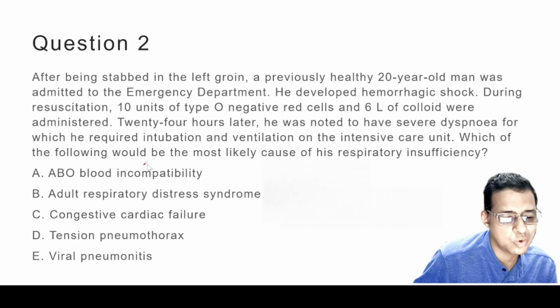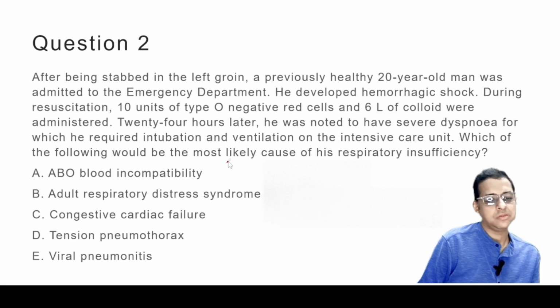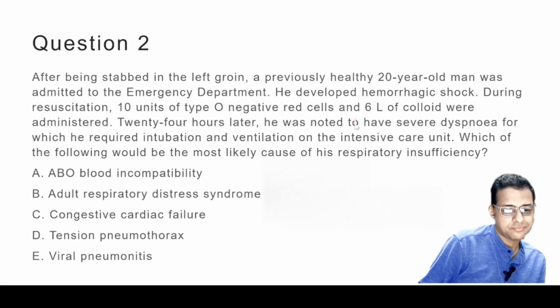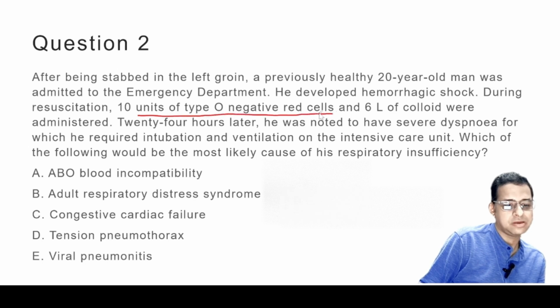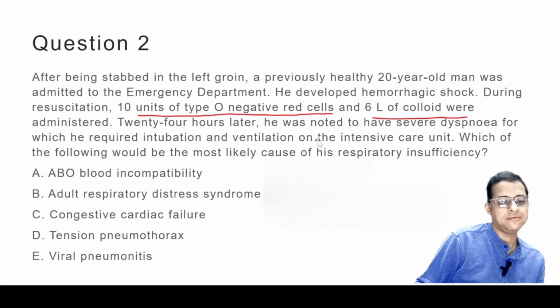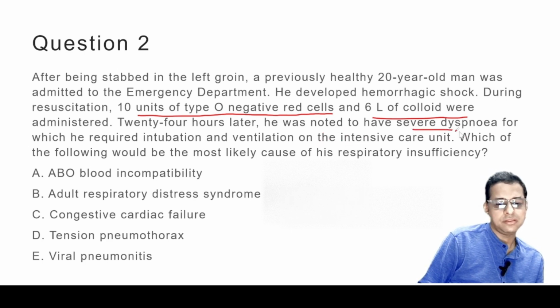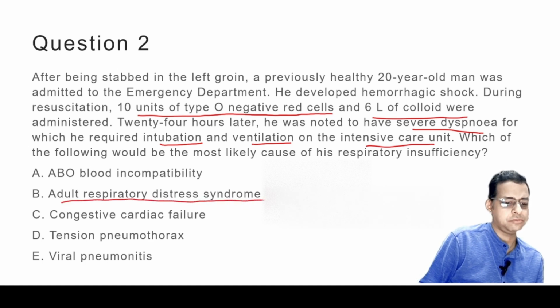Which of the following would be the most likely cause of respiratory insufficiency? This is a massive transfusion with 10 units of red blood cells and 6 liters of colloid. This is none other than post-transfusion adult respiratory distress syndrome.